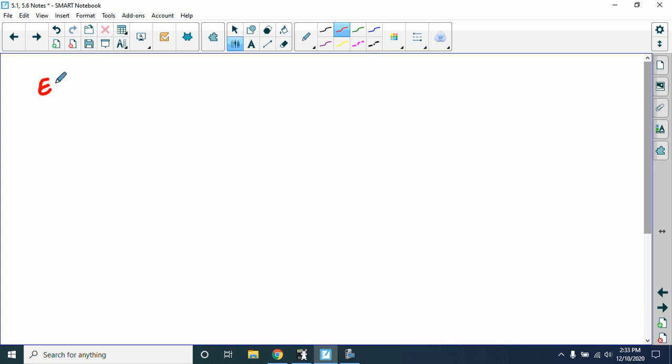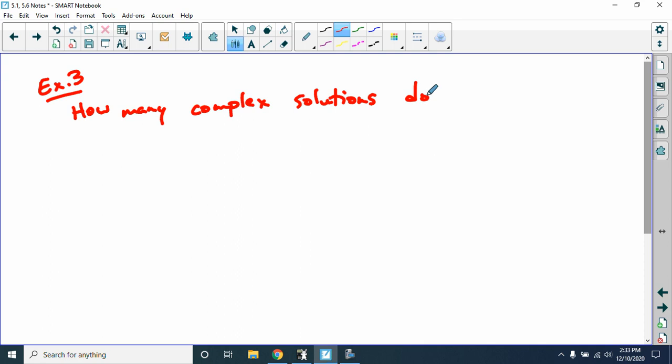Last example, example 3, says how many complex solutions does h of x have?